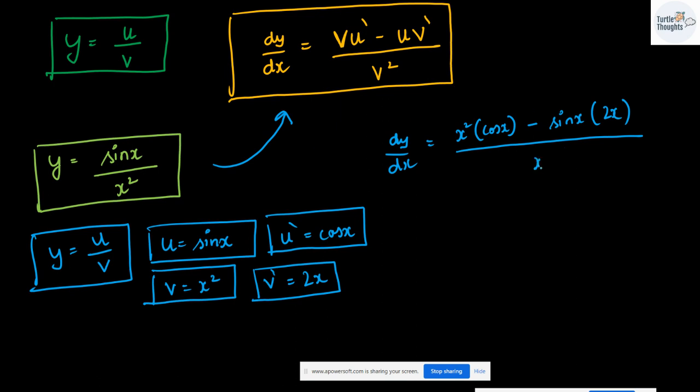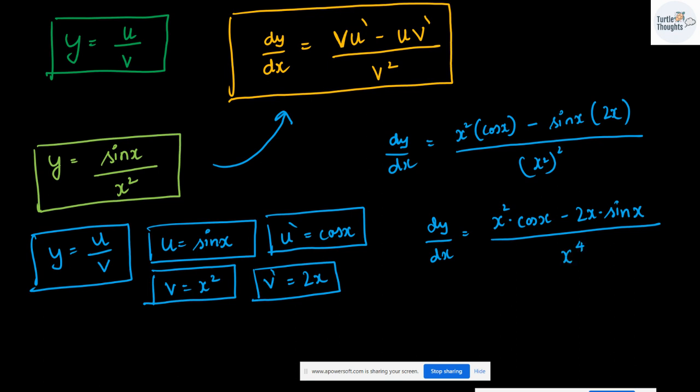V is x squared, whole to the power 2. Upon simplifying, I will be getting dy by dx as x squared multiplied by cos x minus 2x multiplied by sine x divided by x raised to the power 4.